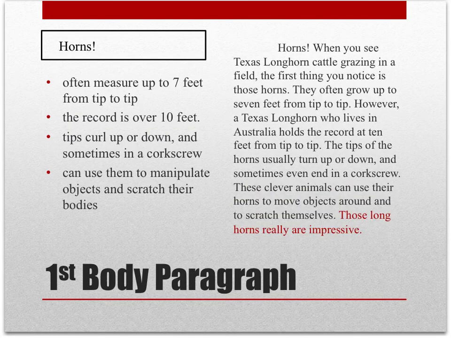Those longhorns really are impressive. This relates to the topic sentence. In the topic sentence, we stated that the first thing you notice on these cattle are their horns. Now we're saying the horns are impressive. Closing sentences also include transition words to the next paragraph, but we'll come back to that later.